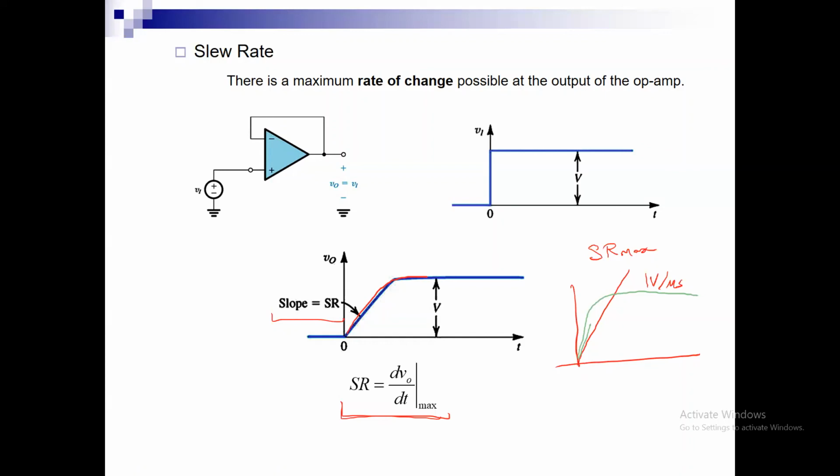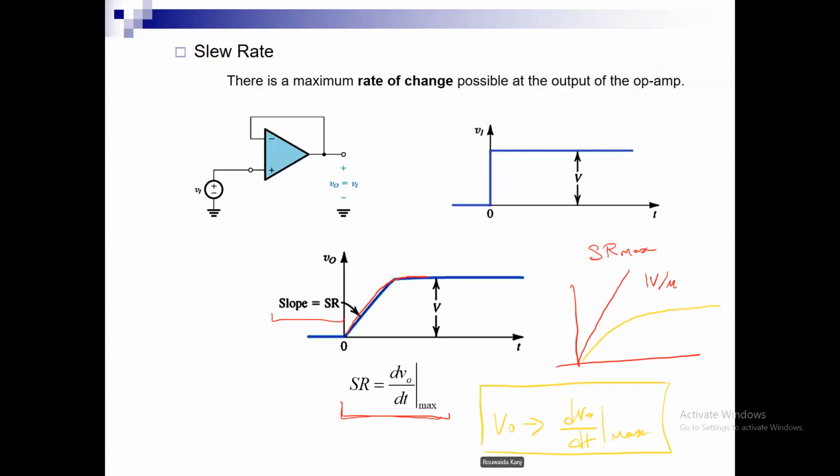But if I have another output that will rise slowly, then it will not be distorted. Okay? Then for each output VO, I can calculate dVO by dt max from the equation of the output.